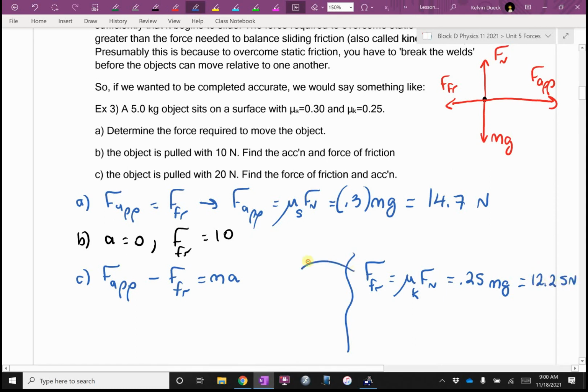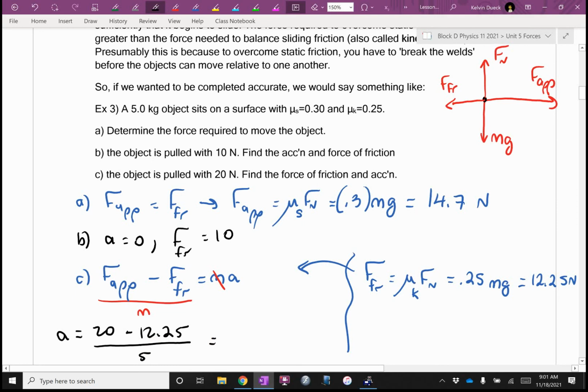So first of all, how would I get the A by itself? Because they want me to find the acceleration. The acceleration is F applied, 20, minus 12.25, divided by 5.